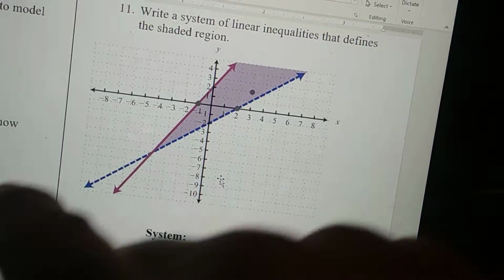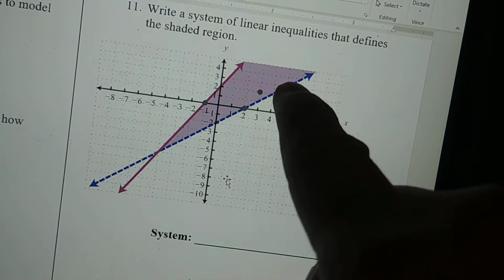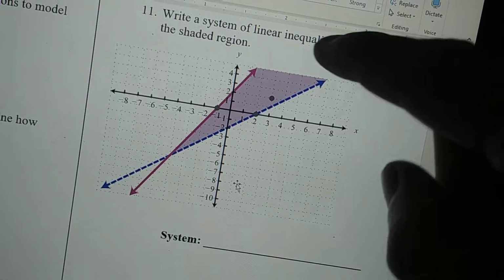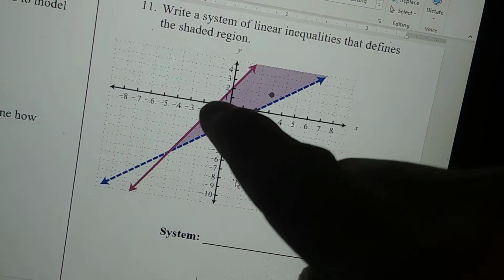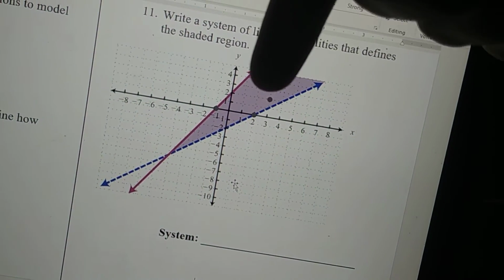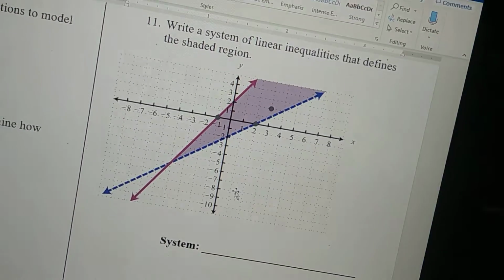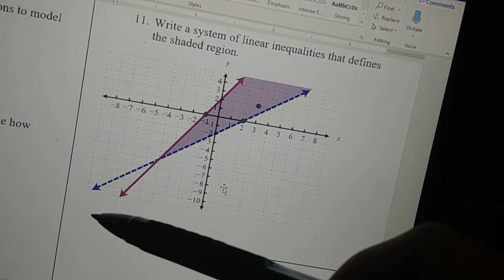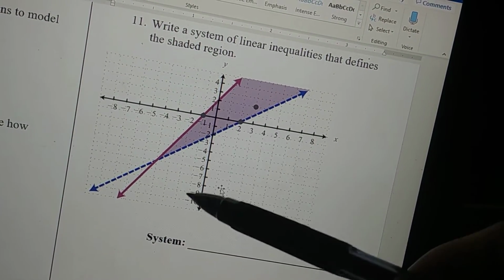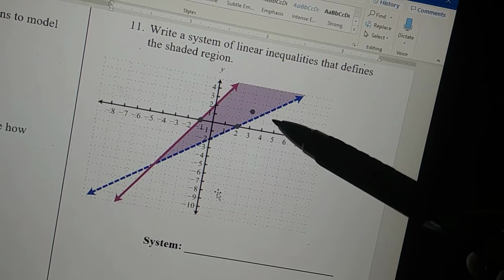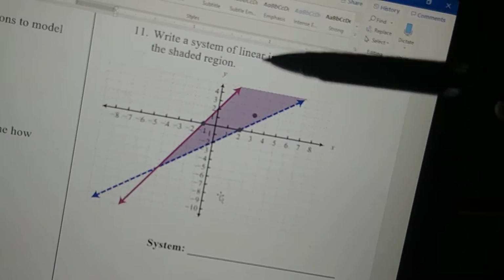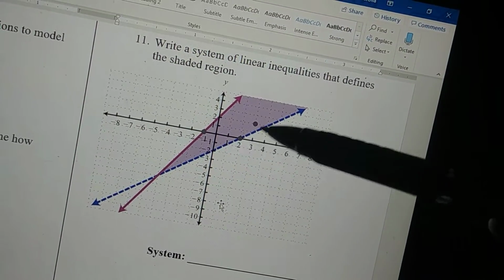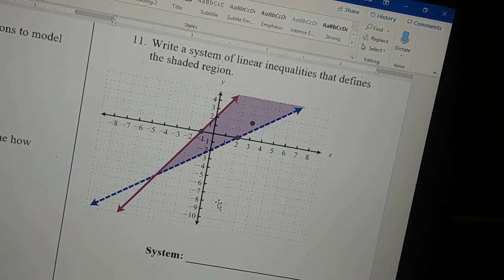If you look at the purple line, the shaded region would be everything below the purple line. So everything below the purple line is part of what we're going to shade, and everything above the blue line is what we're going to shade. And we get an area where the shades intersect.